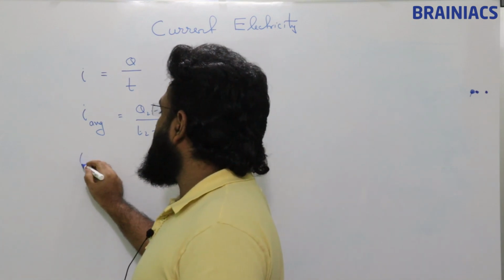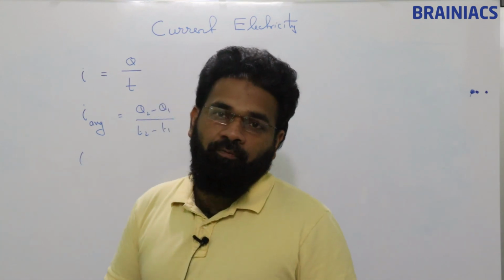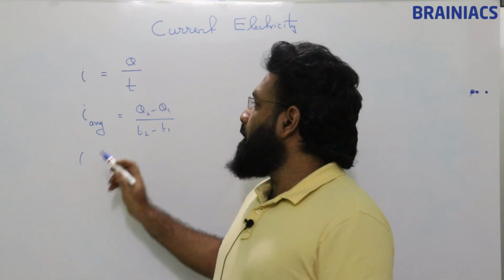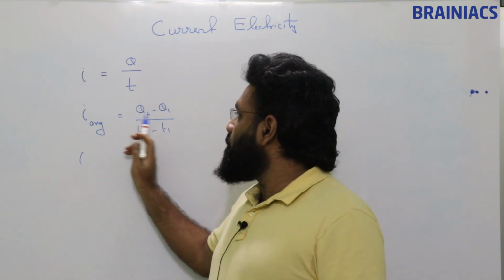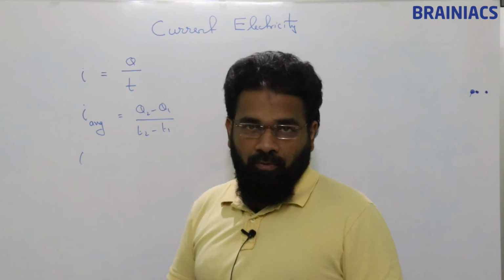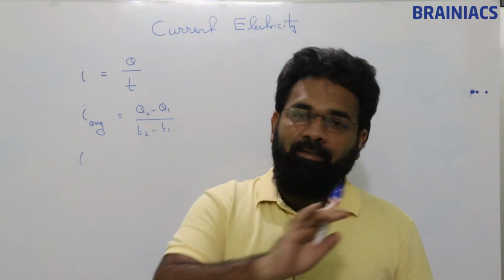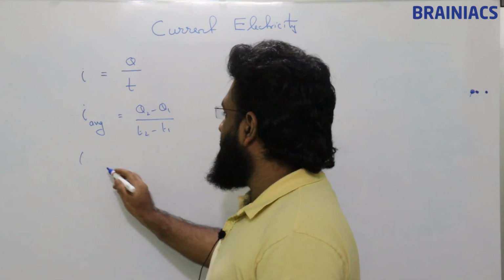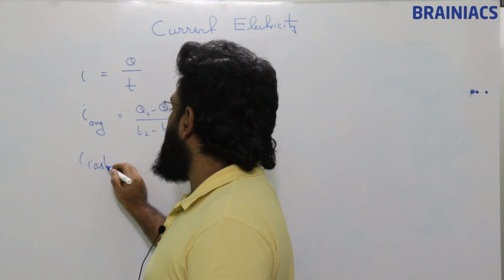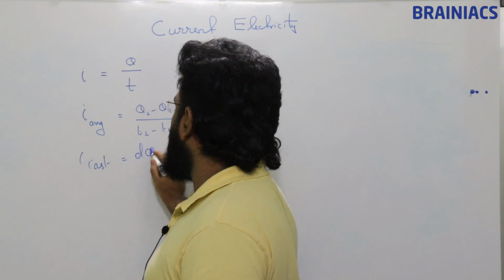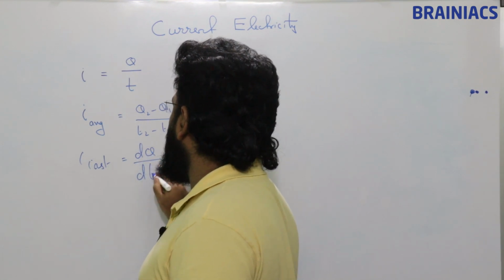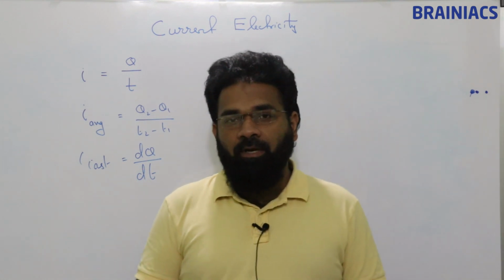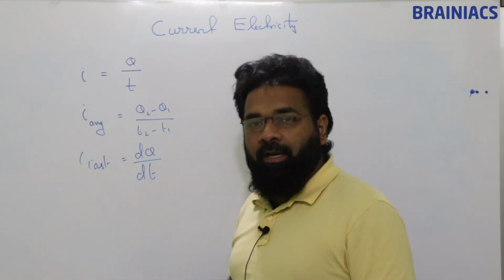now if the charge is a function of time, and at the same time you are finding I average as (Q2 minus Q1) by (T2 minus T1), and if we need the instantaneous value of current, that is the current at a particular instant, then I instantaneous is equal to dq by dt. Differentiating the function of the charge with respect to time, we get I instantaneous.